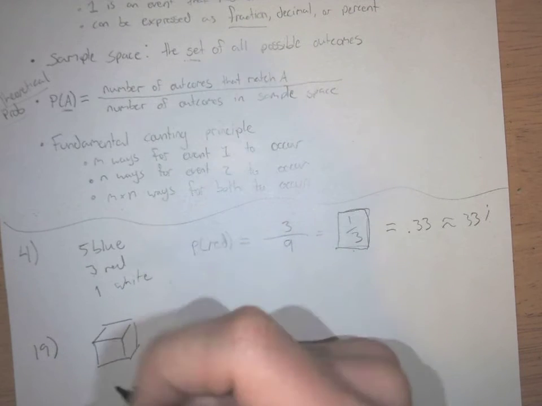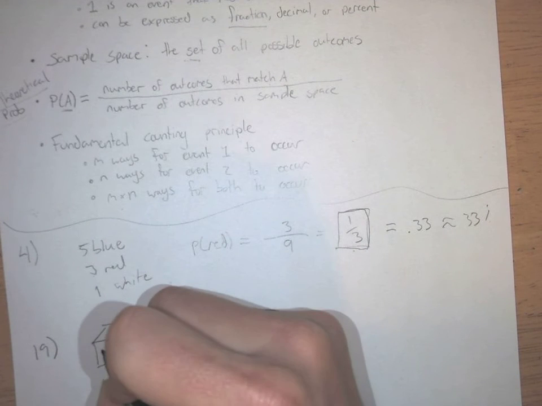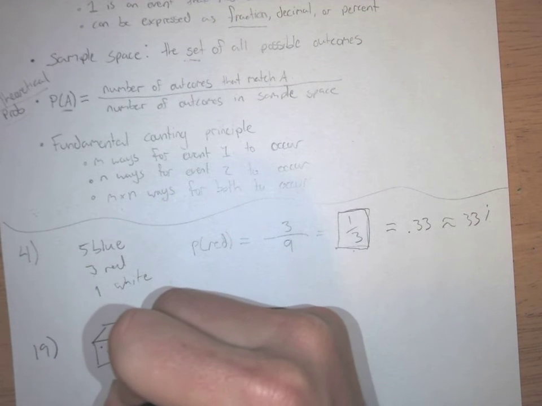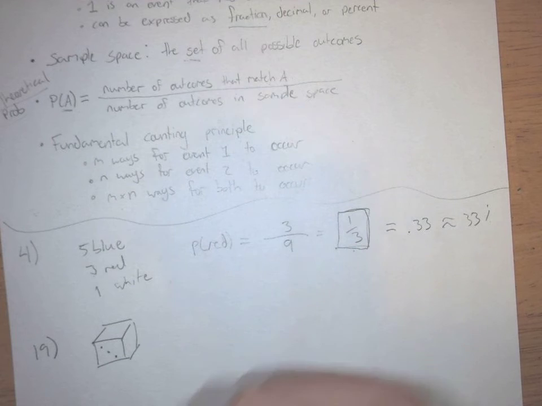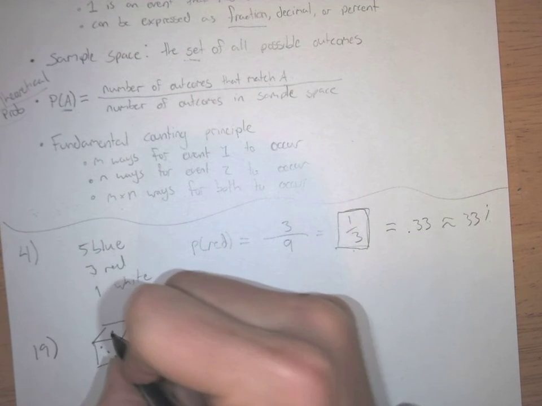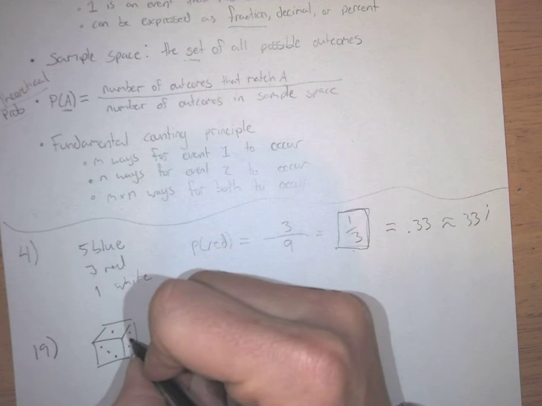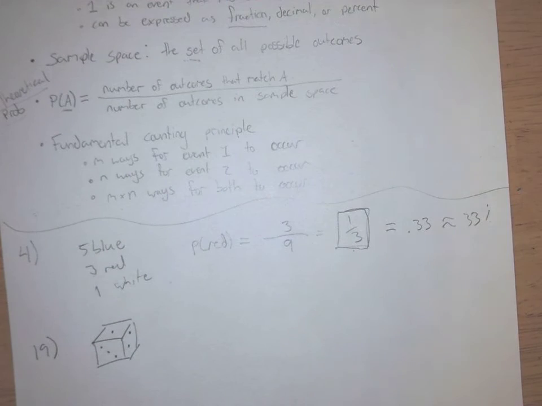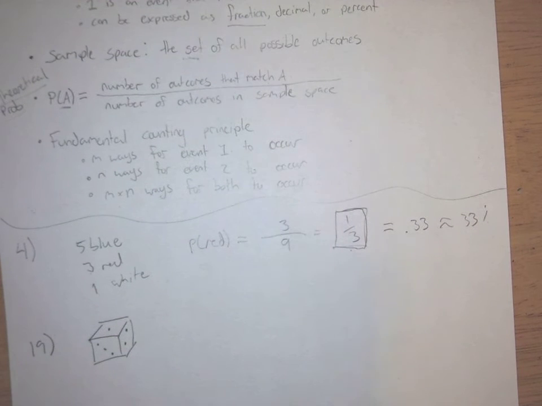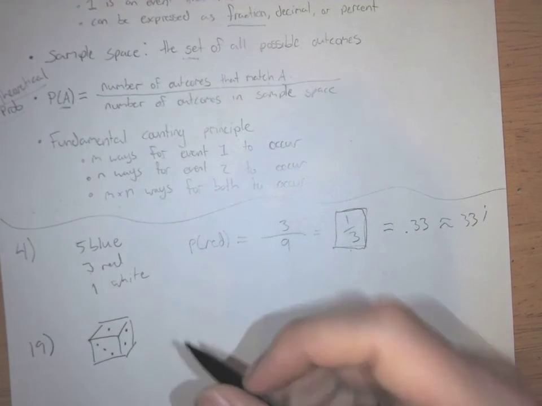Now this is kind of weird because usually we say roll the dice because dice is plural, right? One die, the singular of dice, is just die, just one. So when we talk about a number cube, we're talking about a 6-sided die. So the outcomes that you're talking about here are 1 through 6, right? There's 6 different options. That's what we're assuming.